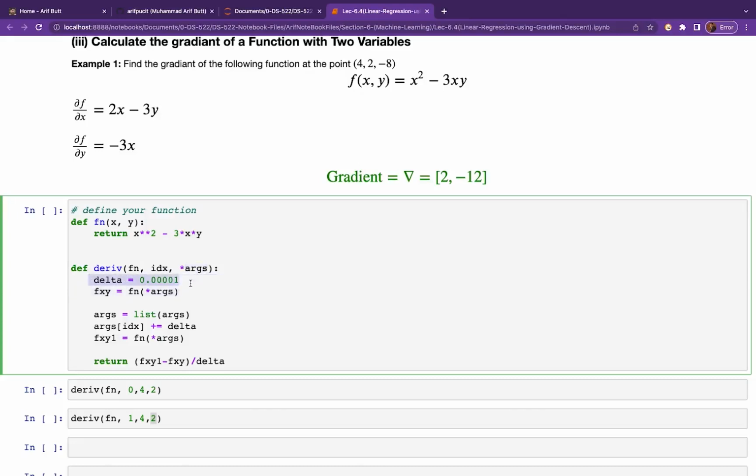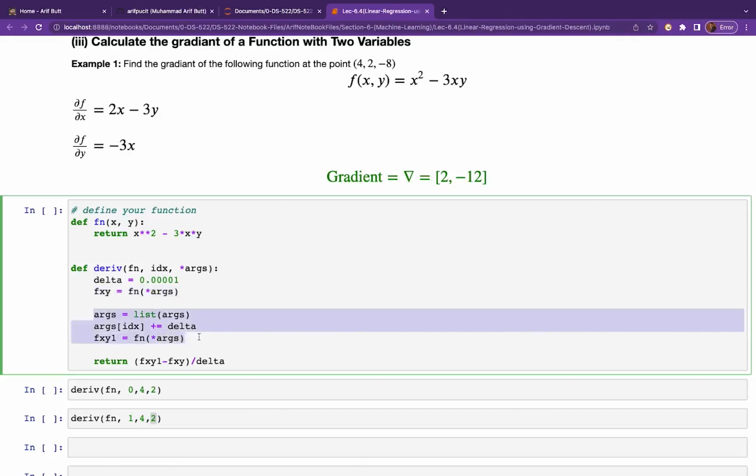Well, this first line is the delta value, a very small value. I have taken 0.00001. In this second line, we are calling the function fn and passing it the values of x and y to compute the output. And the actual magic is being done in these three lines.